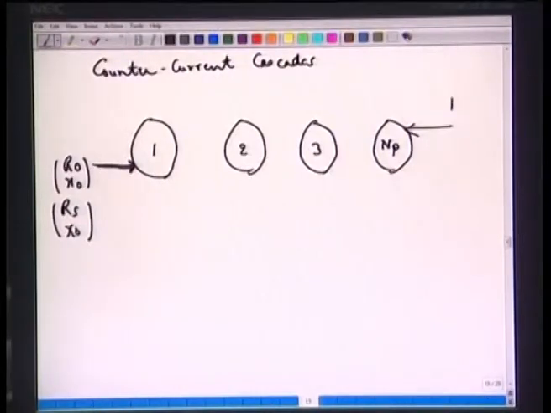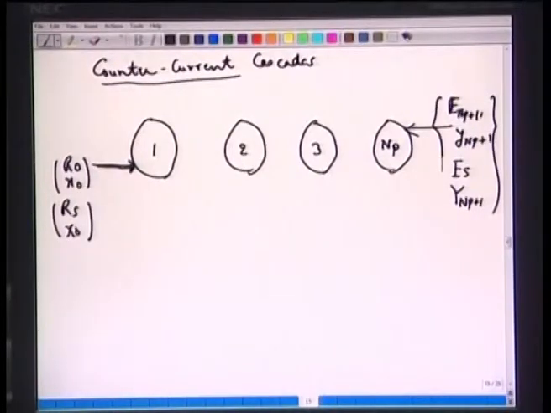So this is a fresh solvent or fresh E phase, extract phase, we are bringing in from the opposite direction, countercurrently. So we follow the nomenclature. This will have the suffix NP plus 1, and this will have the composition Y NP plus 1. If we work on a solute-free basis, this has a flow rate of ES, and it is a capital Y NP plus 1, like this.